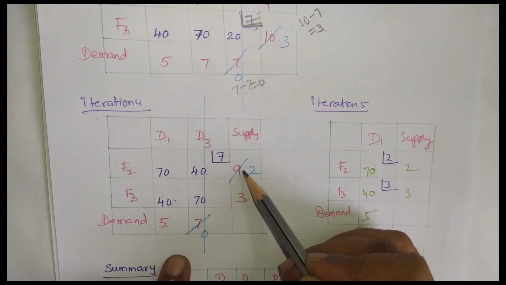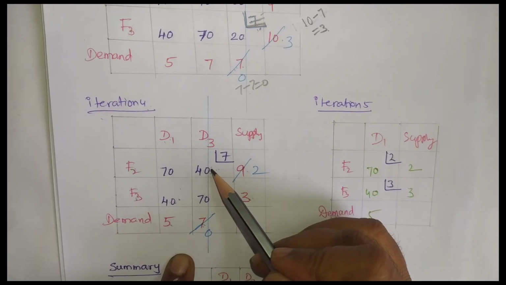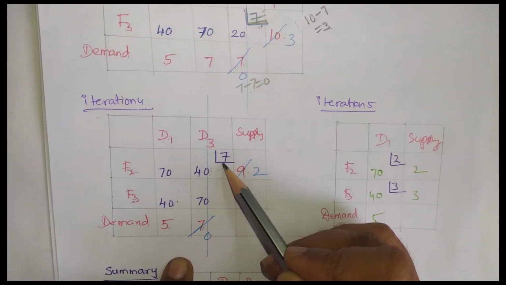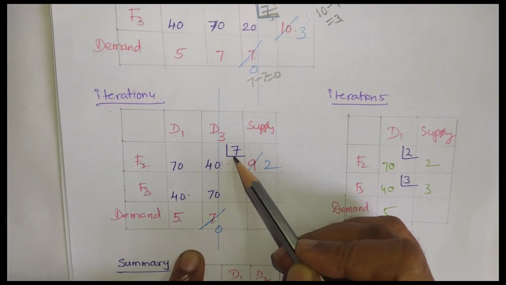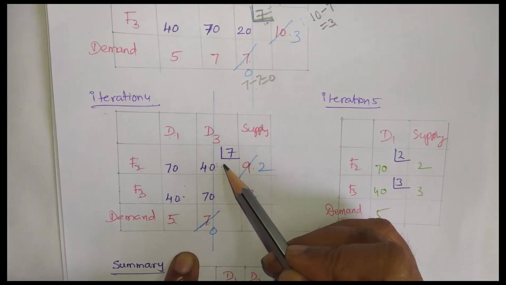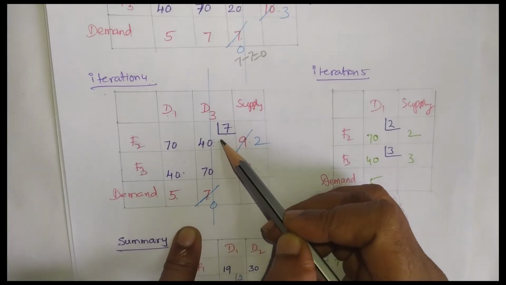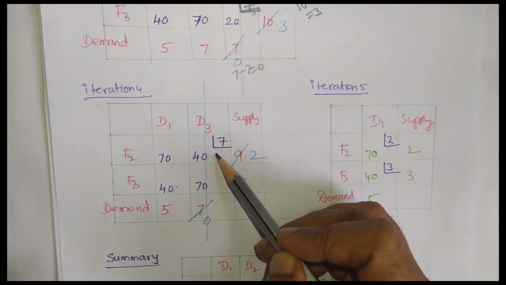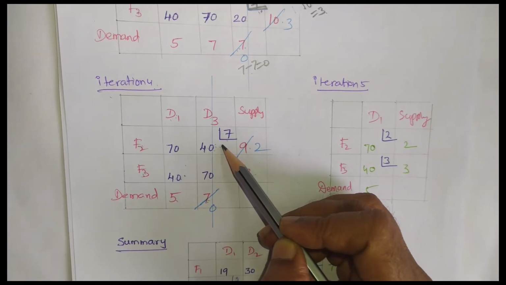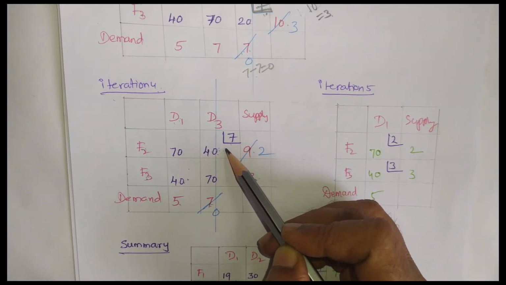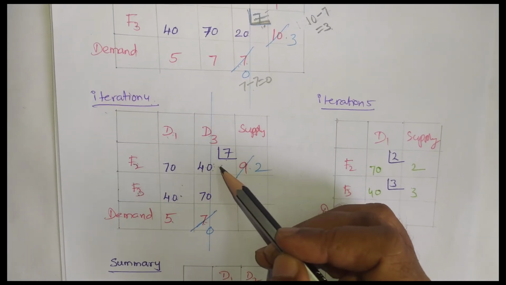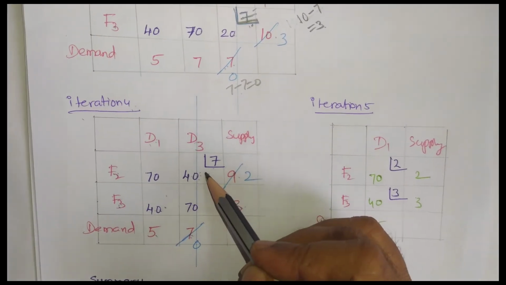So if we consider this cell, 7 units are allocated to this cell. So that's why we have to consider this cell first, because where the maximum units are allocated, that cell is considered if both are tie values. So that's why here we consider this cell.